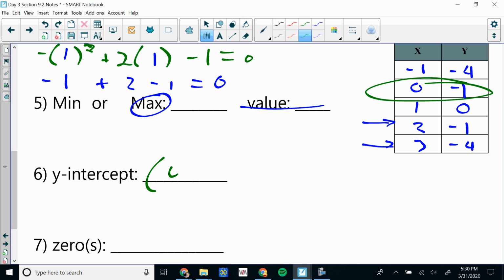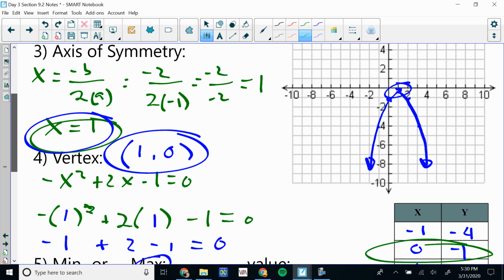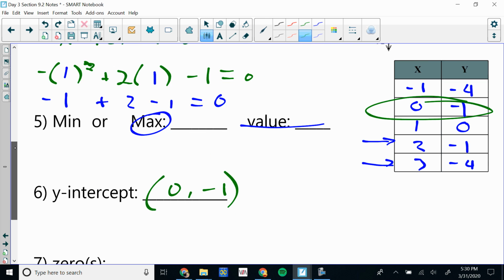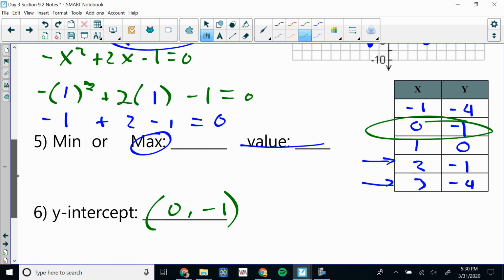So this is going to be the point 0, -1. That's where it crosses the y-axis. And look, it does right here. 0, -1 is this point, and so that is true.